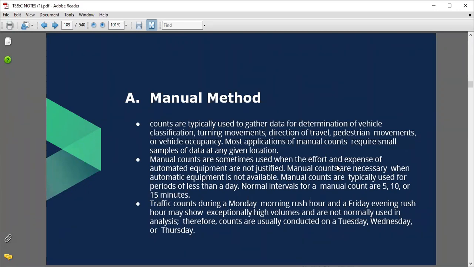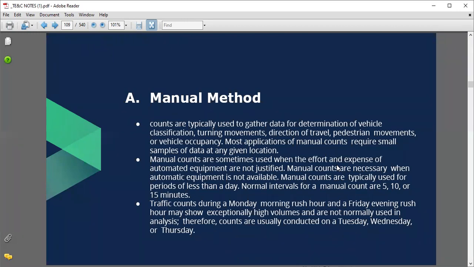So we can carry out this traffic survey at any location, and from any location we can collect information about pedestrians and the movement of vehicles on the road. Second, manual counts are sometimes used when the effort and expense of automated equipment are not justified.